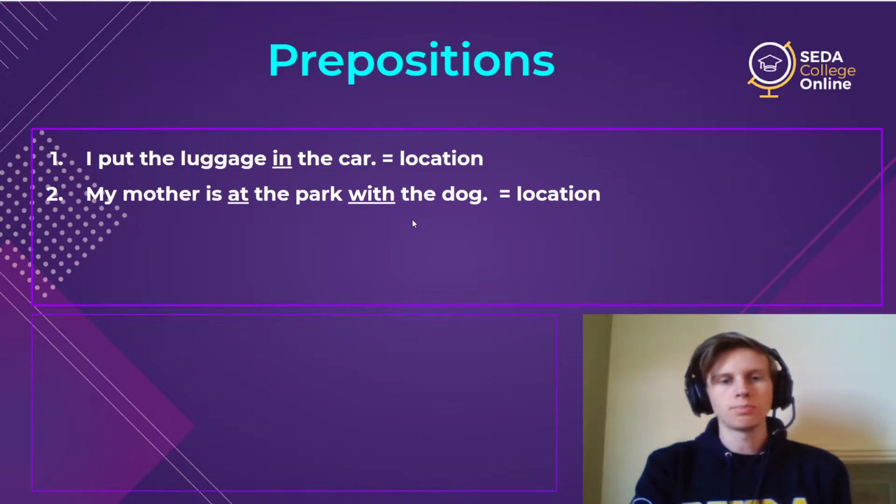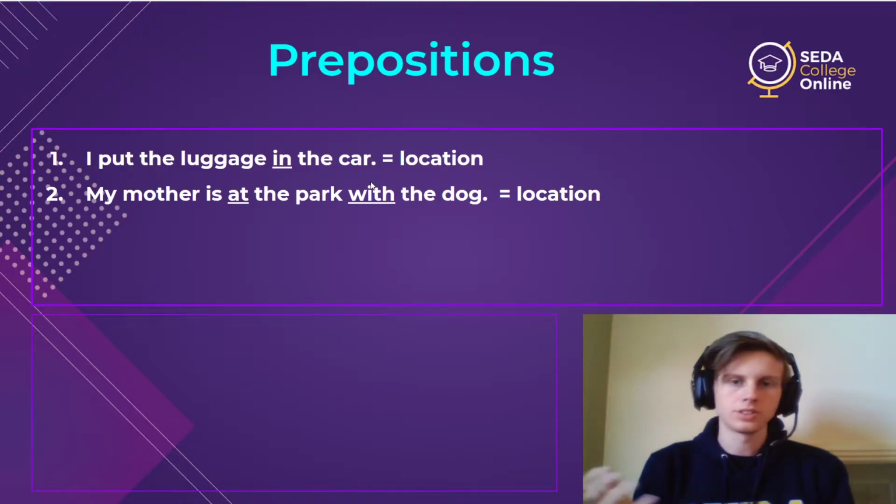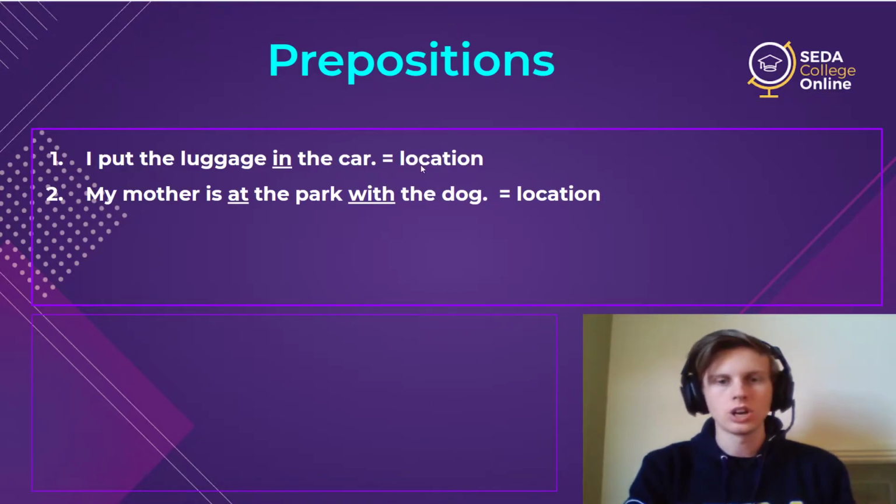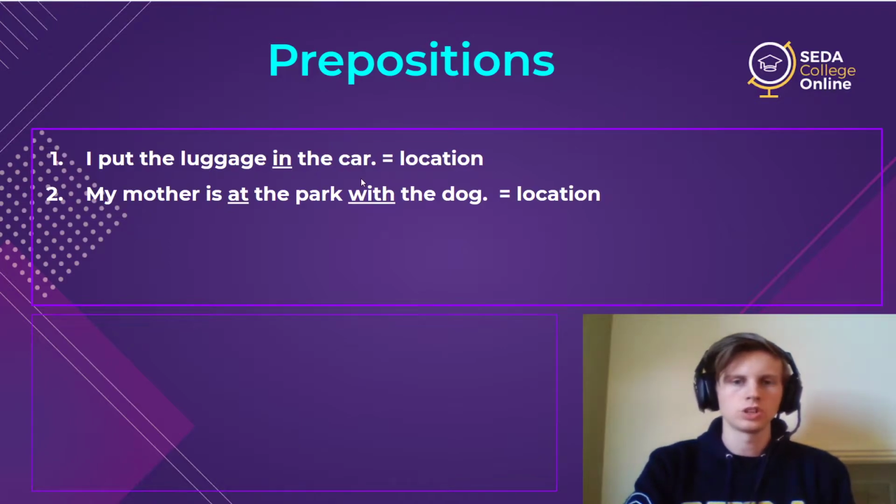And so I use the prepositions at and with to show those relationships. At the park, so my mother's location, and what is with her, what else does she have? So she has the dog, so I use the preposition with to show together.